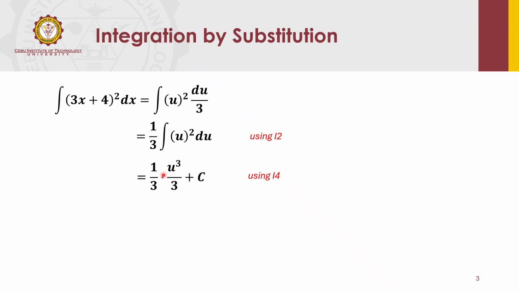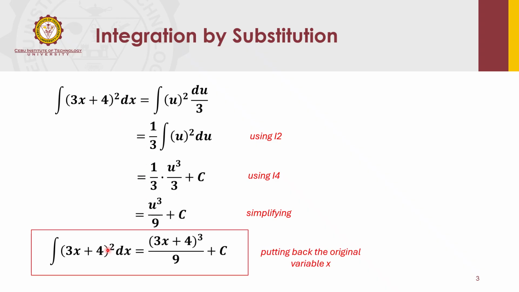So we multiply that by 1/3 and we get u³ over 9, and then plus c. And don't forget to put back the original variable. Do not have a final answer with u as the variable; it should be x, the original one. So therefore, the value of the indefinite integral is the cube of (3x + 4) all over 9, plus c.